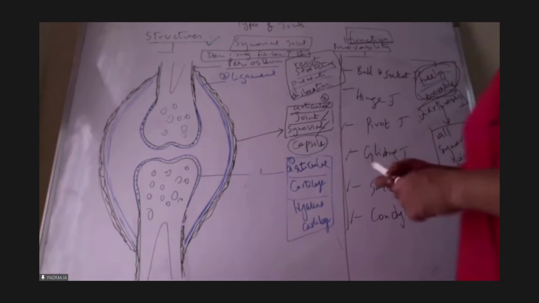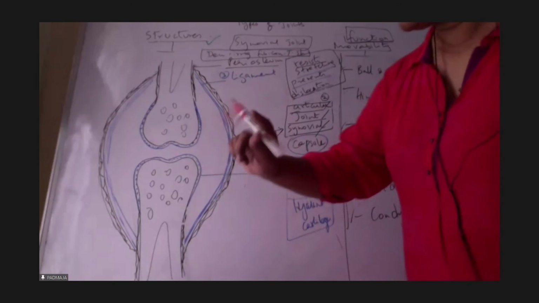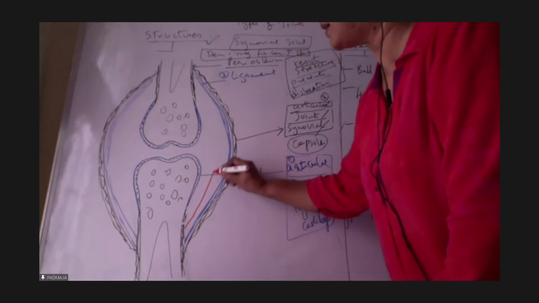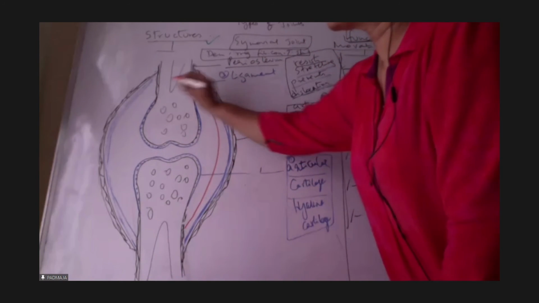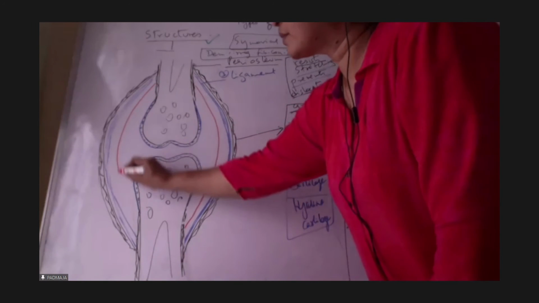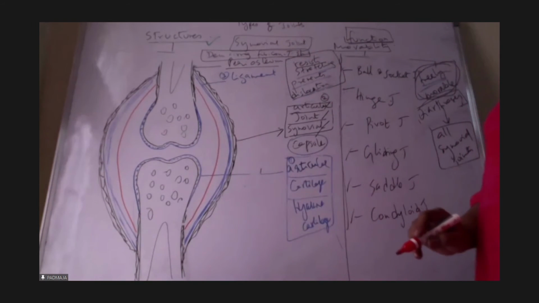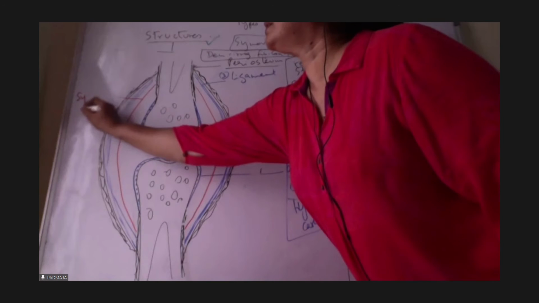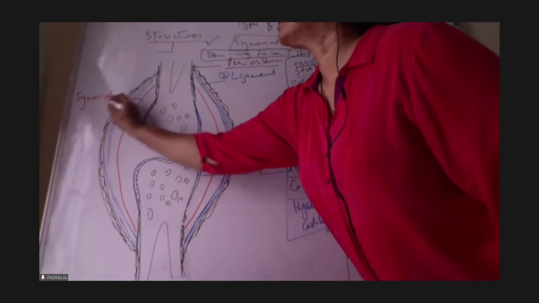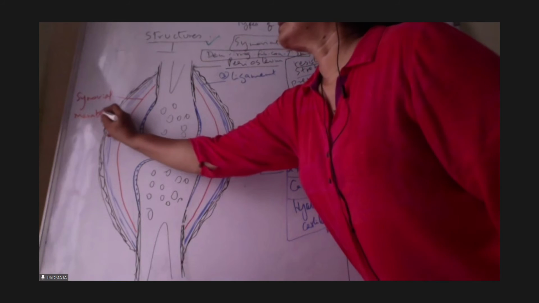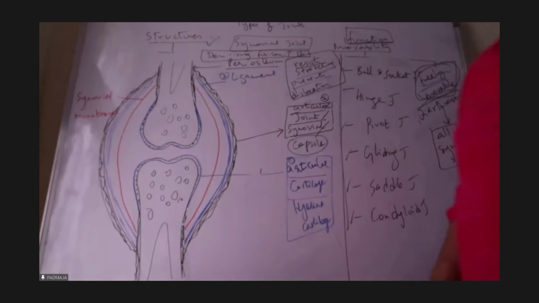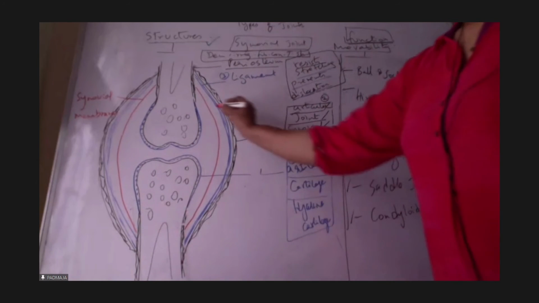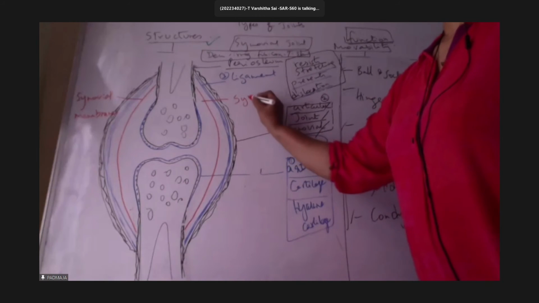This joint capsule internally lined by, I'm using pink color, internally lined by synovial membrane. And forms synovial cavity. So this is synovial membrane. And enclosing what? Synovial joint.